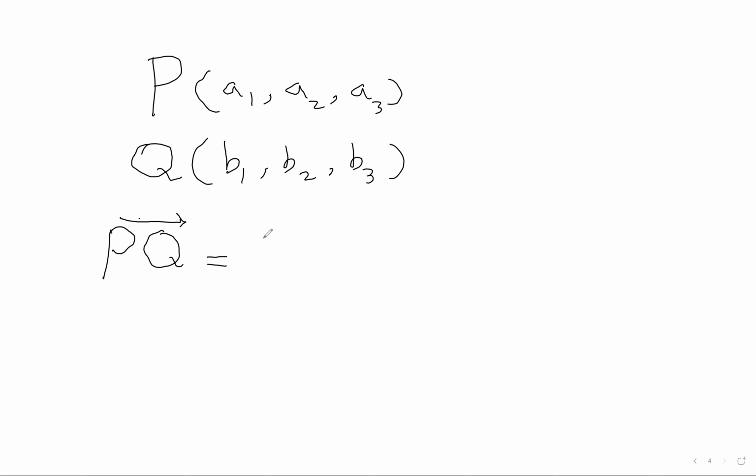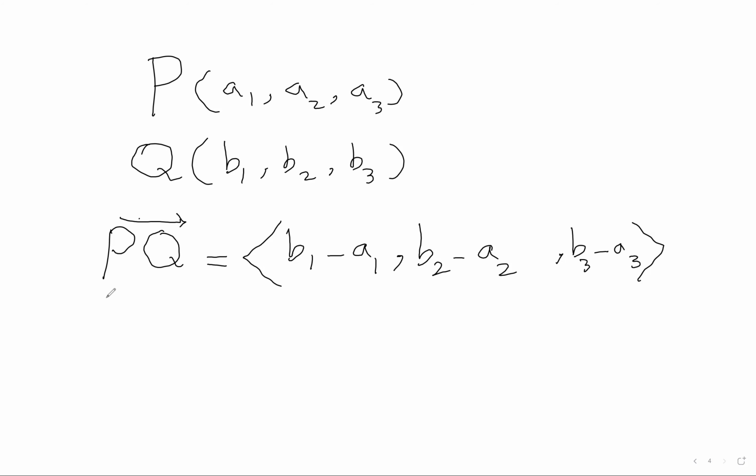So similar to R2, I subtract the first coordinate of the initial point from the first coordinate of the terminal point. So that's going to be B1 minus A1. The same thing for the other coordinates, B2 minus A2, and the third coordinate, B3 minus A3.